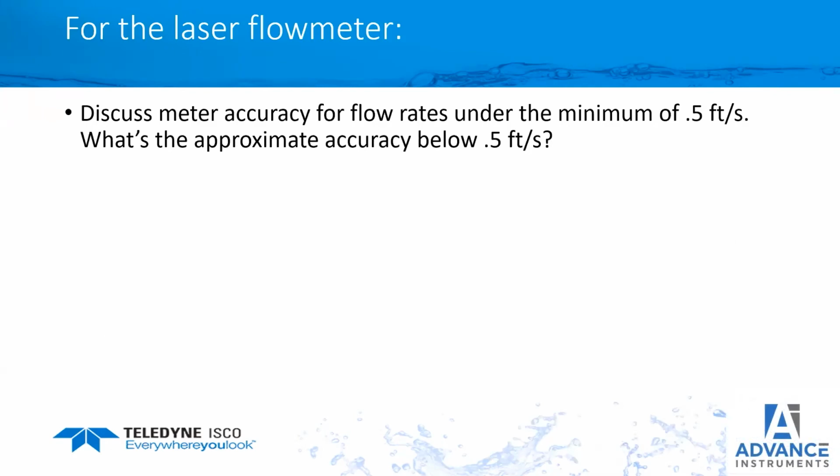Another question that came in was to discuss the accuracy of flow rates under the minimum 0.5 foot per second. As far as our testing and verifications, it's all been done down to 0.5 foot per second. I do not have accuracy specs below that. However, we have had lots of applications that have read velocities slower than that, all the way down to 0.15 foot per second.